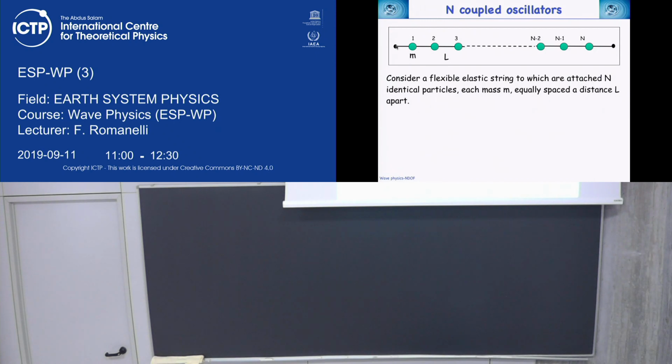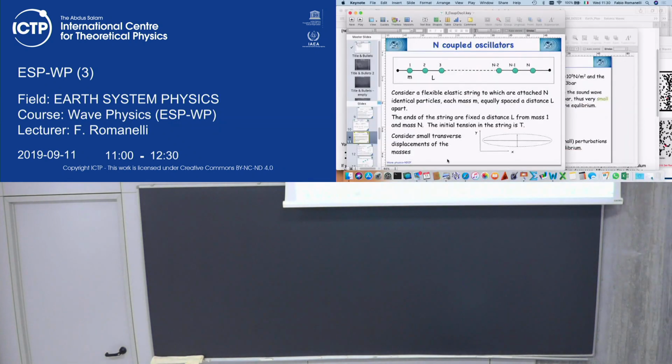Actually, this is a string, but with discrete masses. Now let's imagine to stay so far from this necklace that we are not able to see the pearls. We will see it just a continuous distribution of mass. So going towards continuum mechanics. But why it's useful to consider this one? Well, because on one side of this bifurcation, we can go to lattice vibrations. Really. Now let's do it in a smooth way.